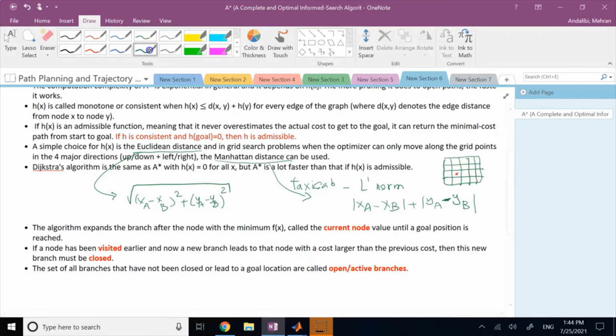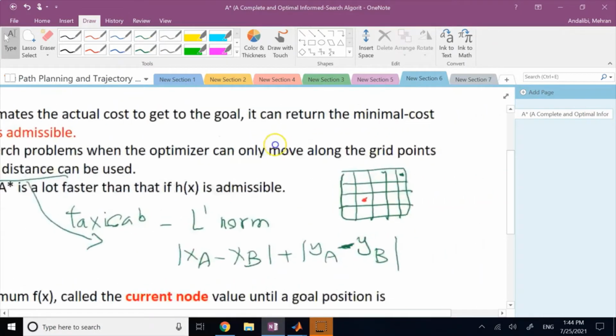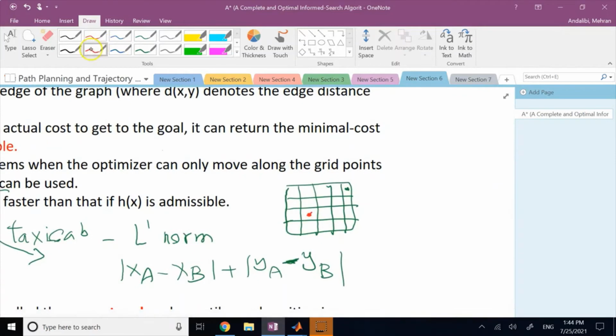If you want to go from that red point to this green point here, what you can do is move 1, 2, and 3 cells to the right, and then from there 2 cells upward. So there's going to be 2 plus 3, which is 5. Okay, so a diagonal is not allowed.